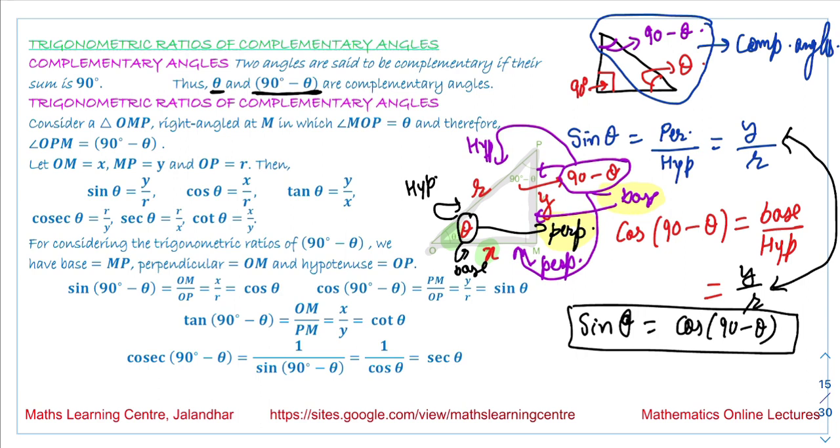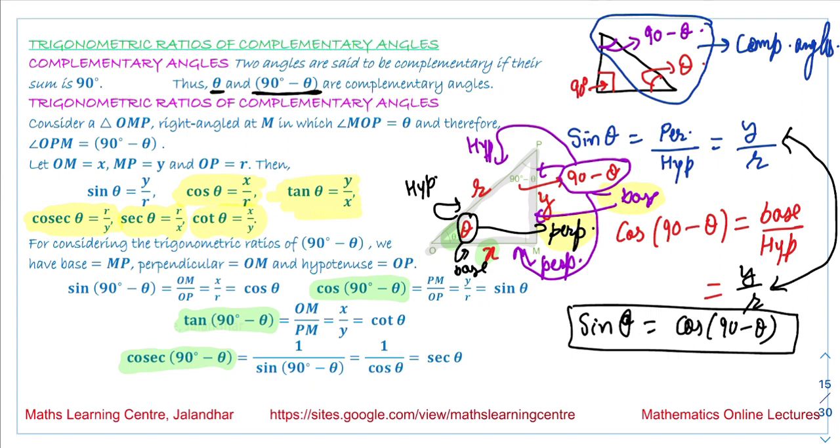Similarly we are writing the other trigonometric ratios: cos theta, tan theta, cosecant theta, secant theta and cot theta. Next we write the values of cos 90 minus theta, tan 90 minus theta, cosecant 90 minus theta, secant and cot 90 minus theta.